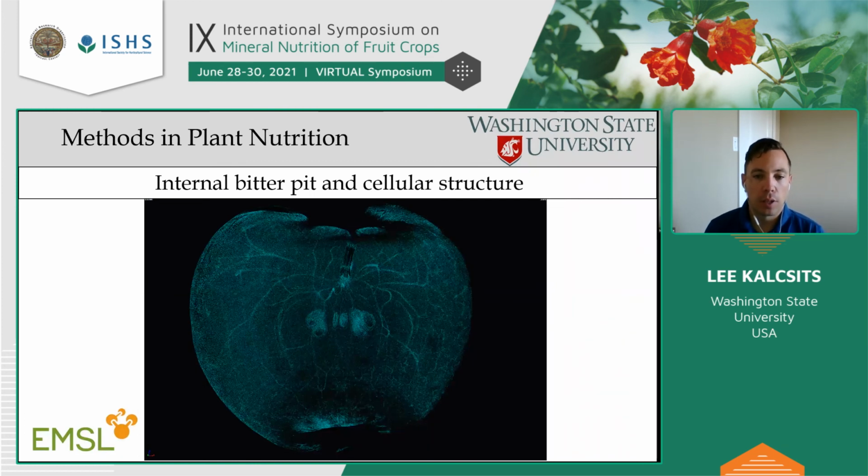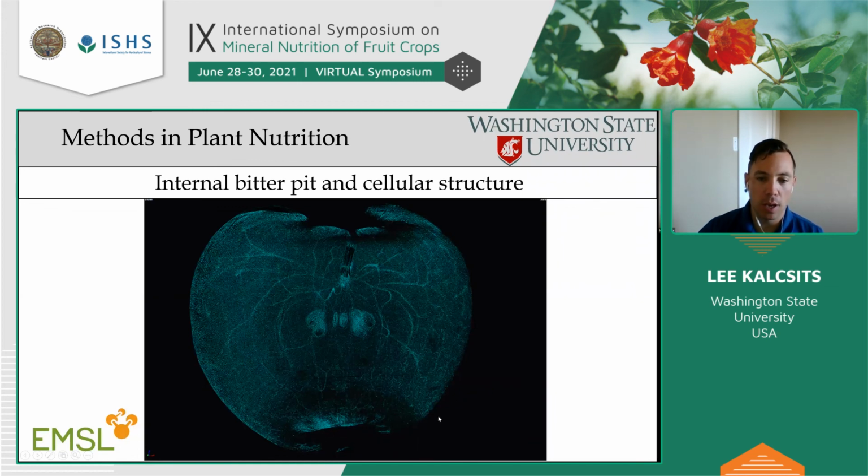And then looking at whole fruit CT imaging, we can see that this sort of explains why the calyx end of the fruit has problems with calcium distribution, because most of the vasculature where calcium flows through is all on the stem end. So you see most of the vasculature is on this upper half of the fruit and very little in the lower half.